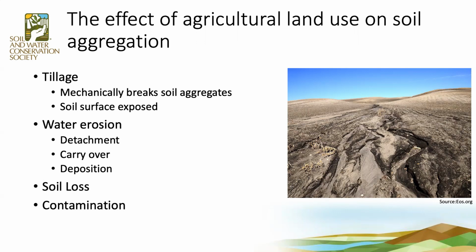So in the water erosion process, we have the detachment, which is the physical break of this soil aggregation by the water drop by itself. And then after the detachment, this soil particle or this soil aggregate will be carried over by the water and will be deposited somewhere else where most of the times it doesn't belong.